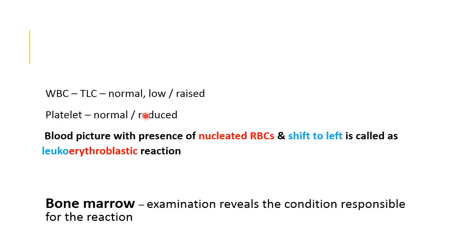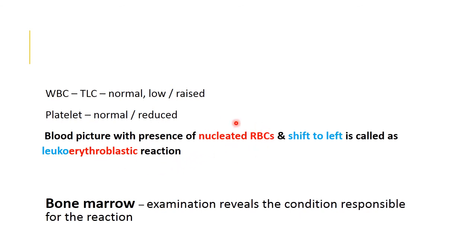Platelets will be normal or reduced, and the blood picture shows nucleated RBCs, that is normoblasts, and shift to left, that is immature forms of neutrophils. If the neutrophil shows fewer than 3 lobes, this form is known as shift to left, and this reaction is known as leukoerythroblastic reaction.